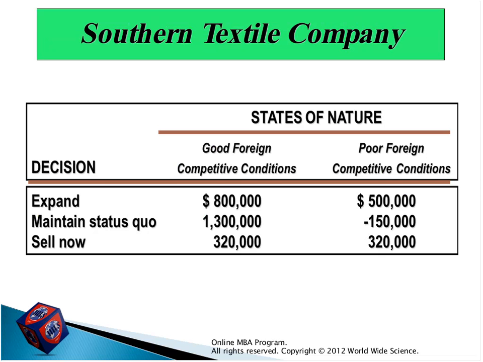They know either good foreign competitive conditions may happen or poor foreign competitive conditions may happen. By use of experience and statistical or historical data, they can estimate some payoff or profit for each decision, for each state of nature.